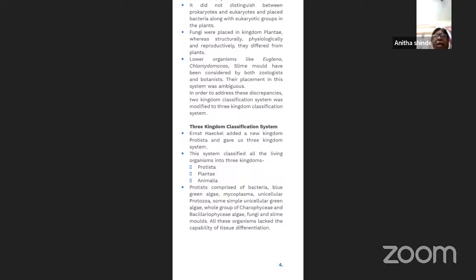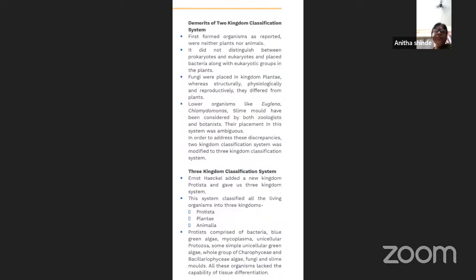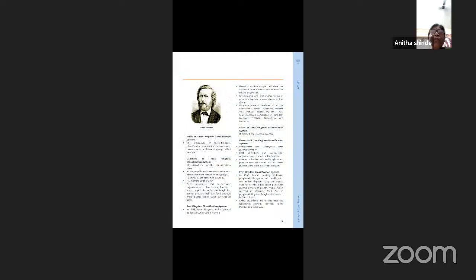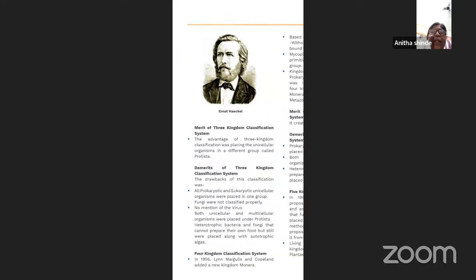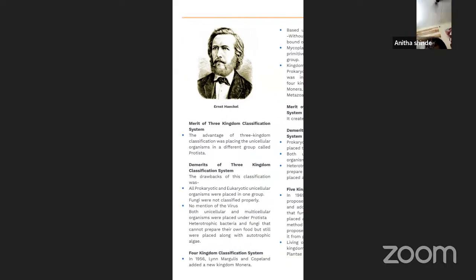So he included them in the kingdom that he called Protista. Okay. Now we will see what are the merits. So apart from that, of course, Plantae. In the Plantae, he included all the higher plants, and in the Animalia, as it is, all animals were included.